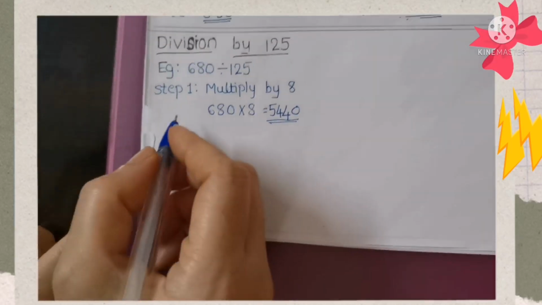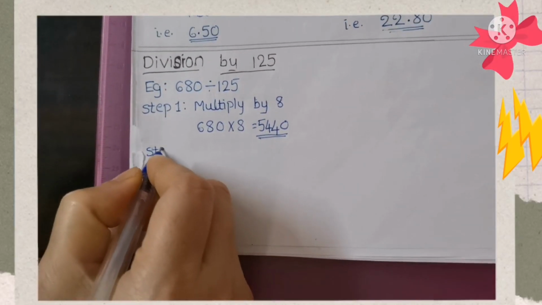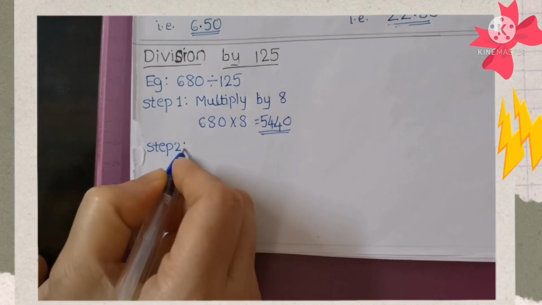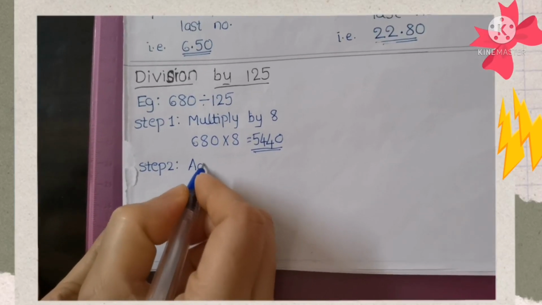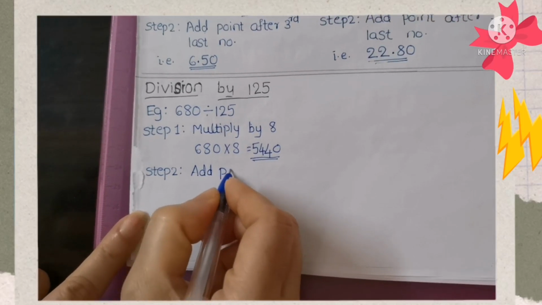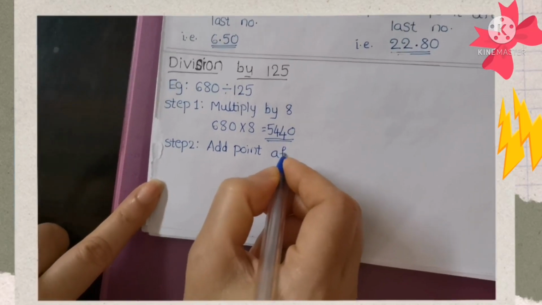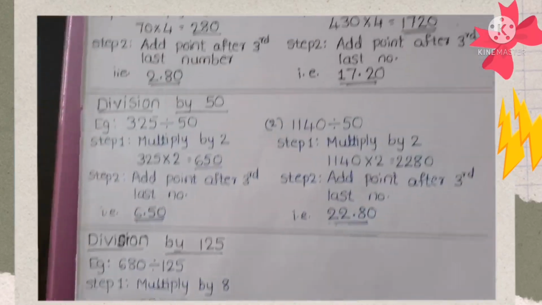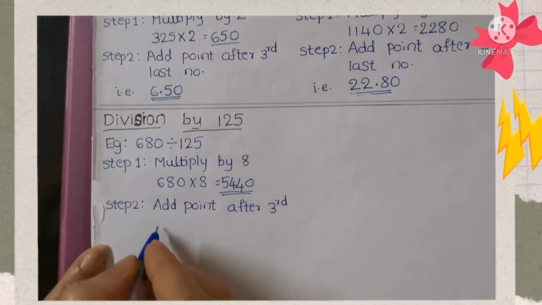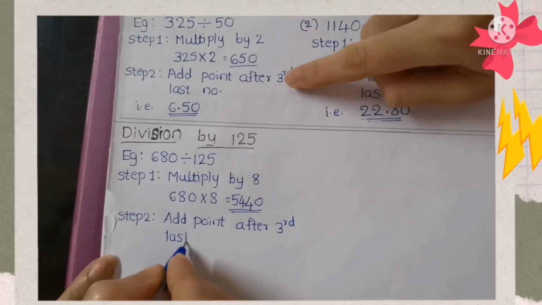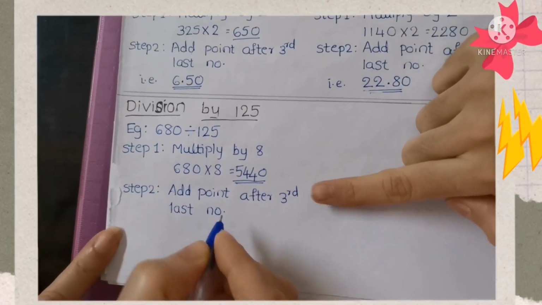Step number 2. In step number 2, we have to add a point after third last number. As we saw in division by 50, step 2, we have to do same in division by 125.